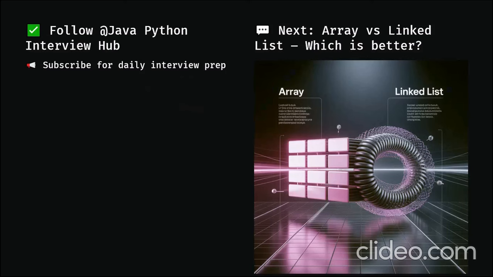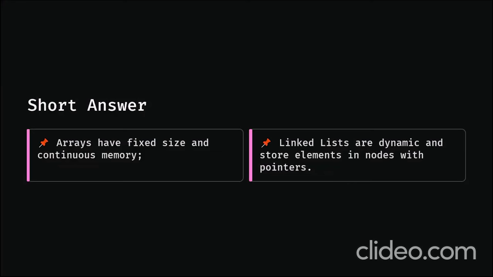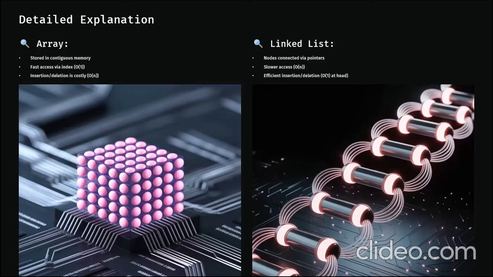So let's move to the next question. What is the difference between an array and a linked list? Arrays have fixed size and continuous memory, while linked lists are dynamic and store elements in nodes with pointers. For the array: stored in continuous memory, fast access via index, insertion and deletion are costly.